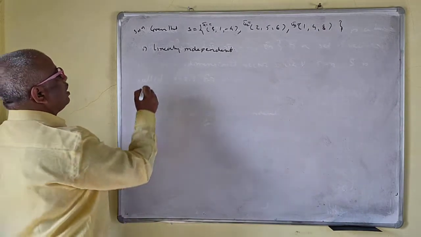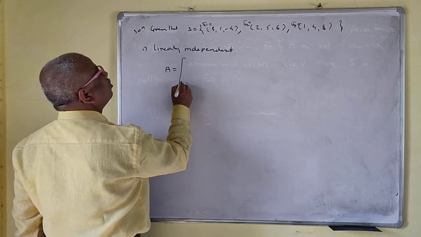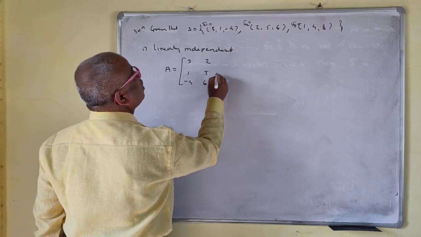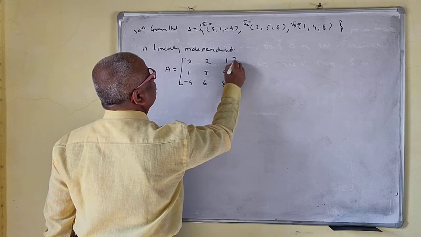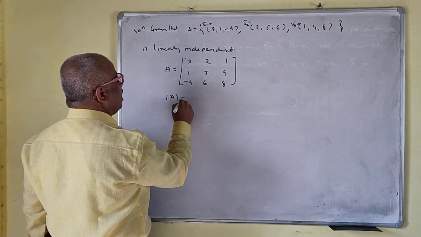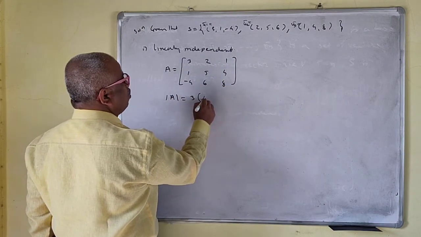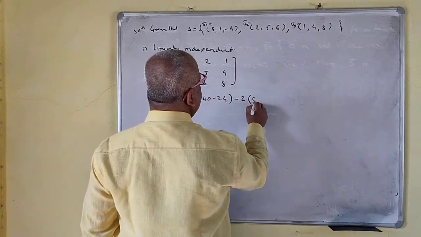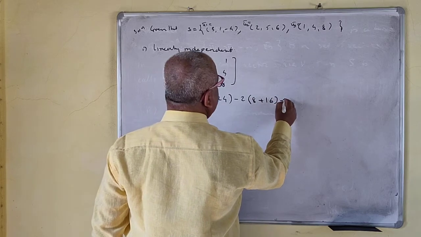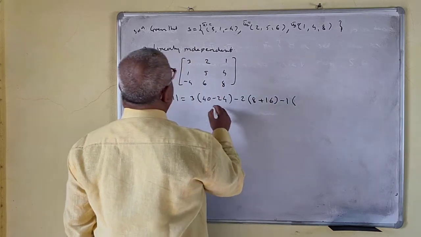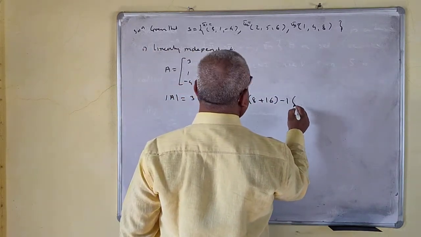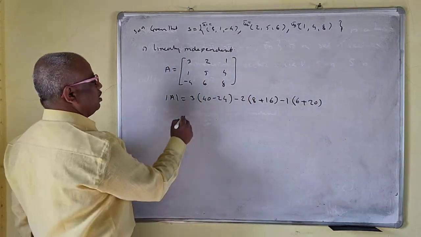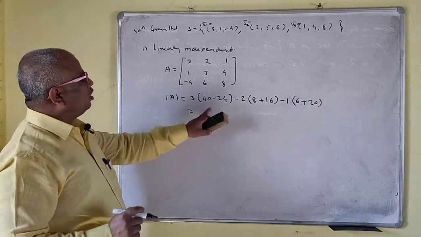So we'll write directly A is equal to the matrix with rows 3, 1, minus 4, then 2, 5, 6, then 1, 4, 8. So determinant A is equal to 3 into (14 minus 24), minus 2 into (8 plus 16), minus 1 into (6 plus 20).